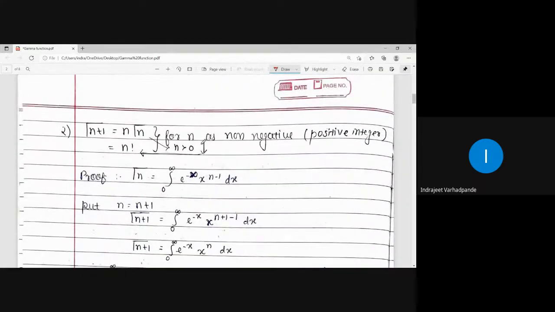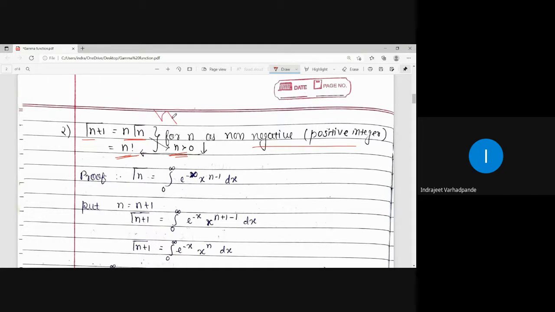Second property: gamma n plus 1 is equal to n gamma n, or it is n factorial. This is a factorial notation. So gamma n plus 1 can be written as n gamma n, or it is n factorial, for n greater than 0, and for n a non-negative integer.